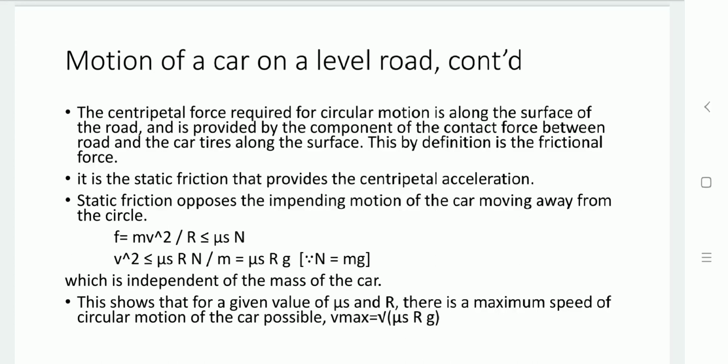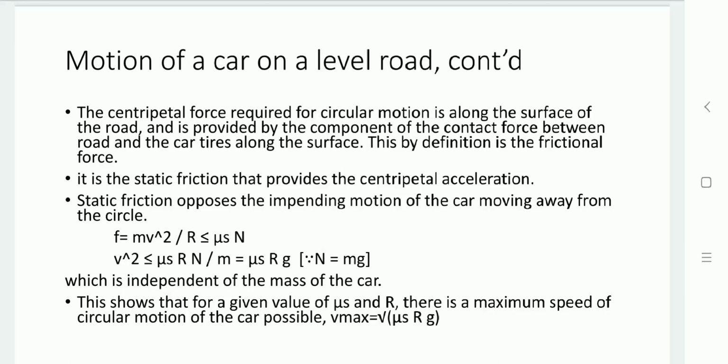Here N equal to mg is substituted, which shows that the velocity of the object is independent of the mass of the car, and depends on mu s and r for the maximum speed. V maximum equal to under root of mu s r g.